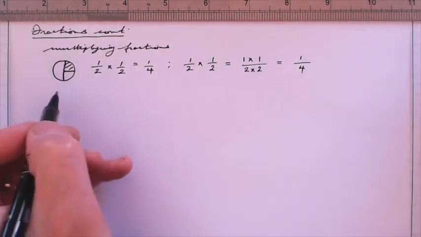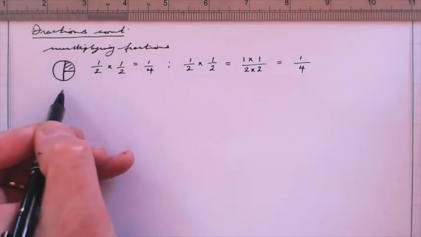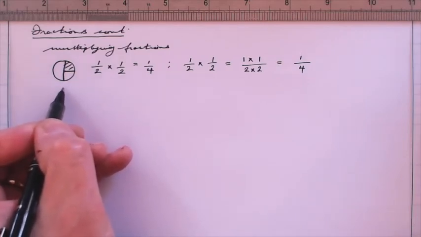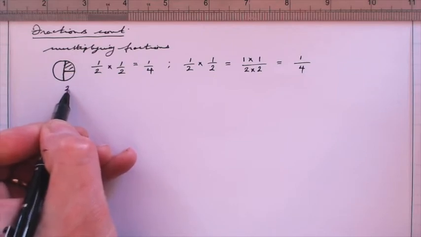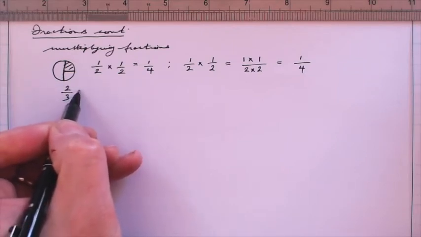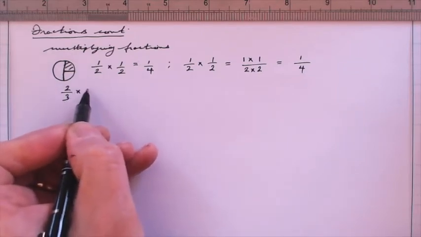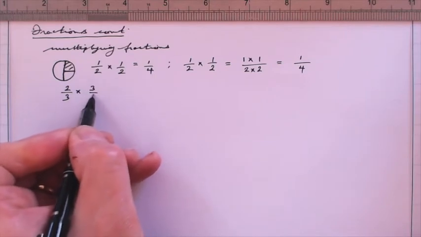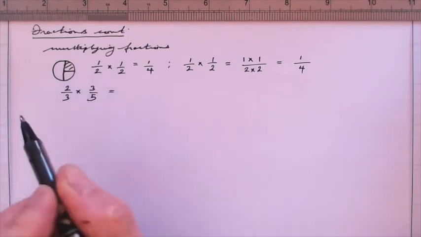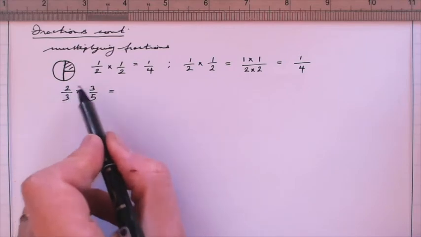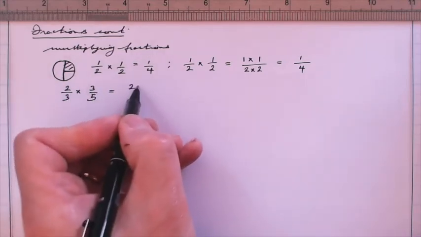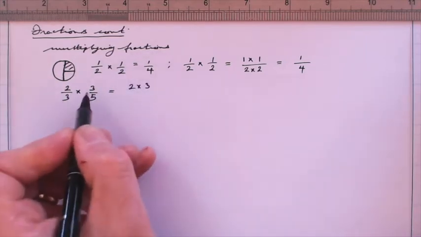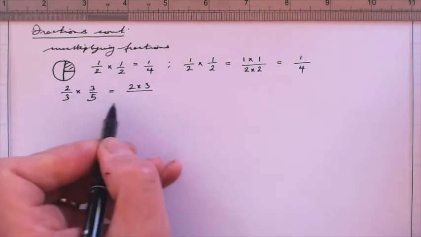Let's just do a few examples which I'll just make up very quickly here. So imagine we have, let's see, 2/3 multiplied by 3/5. We can just multiply the tops and divide by multiplying the bottoms.